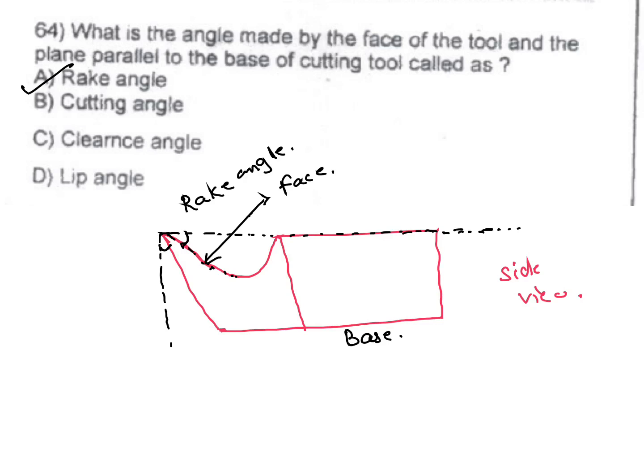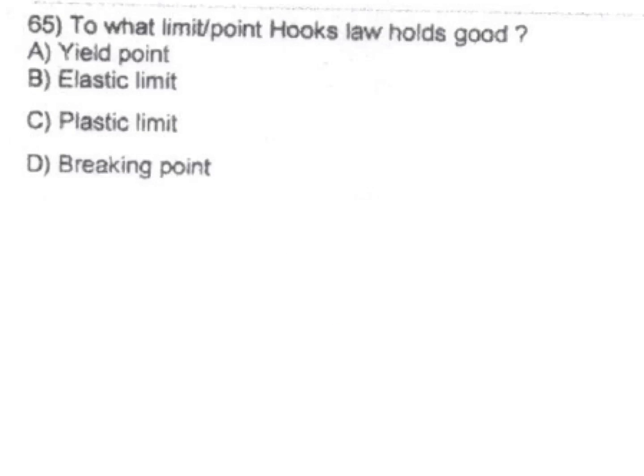To what limit or point does Hooke's law hold good? Hooke's law definition is within proportional limit, stress is proportional to strain. So up to proportional limit, nearby elastic limit, then you will get yield point, then maximum point, then breaking point.